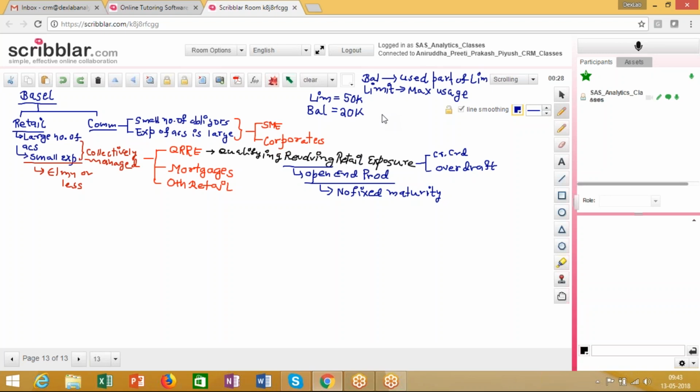Then what it means is that I have a utilization on the card. My utilization is 20k by 50k into 100. So basically, I have used 40% of the total limit.